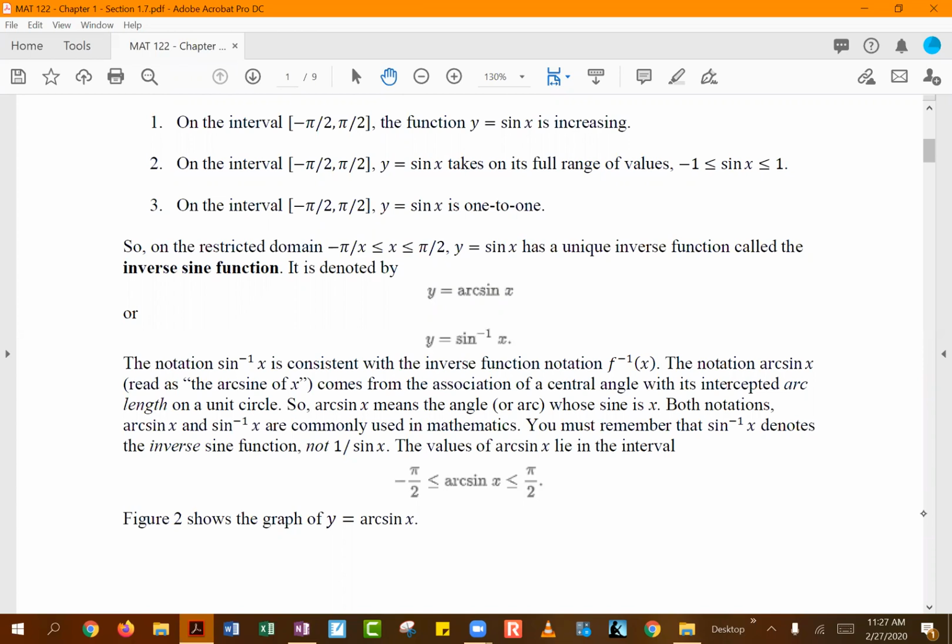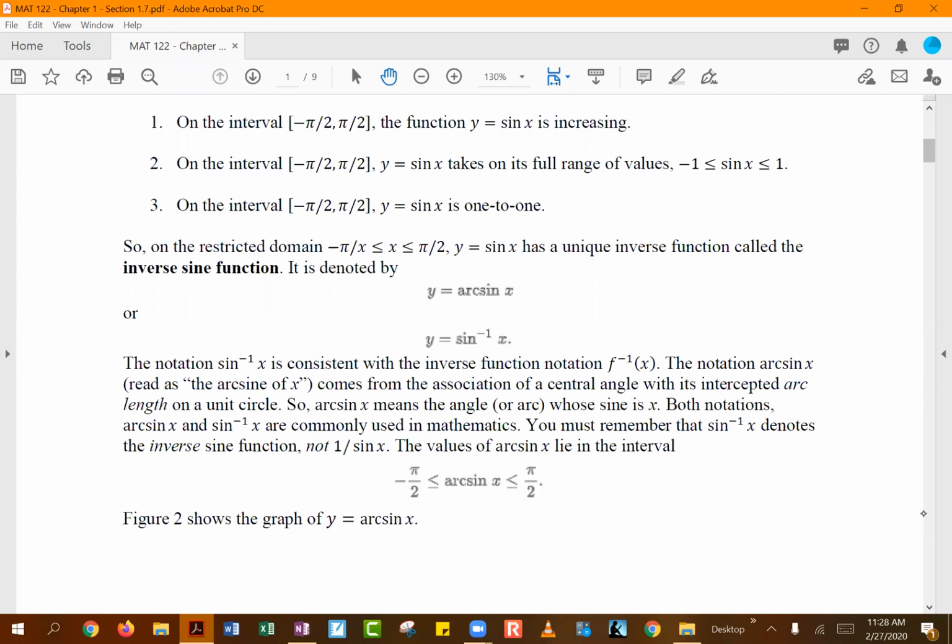Was it 1.3? Okay, I know it was in that first part that we talked about it. So anyway, when you're talking about arcsine of x, you're basically saying the angle whose sine is going to be x. So these calculations are actually pretty interesting when we try to work with these guys.